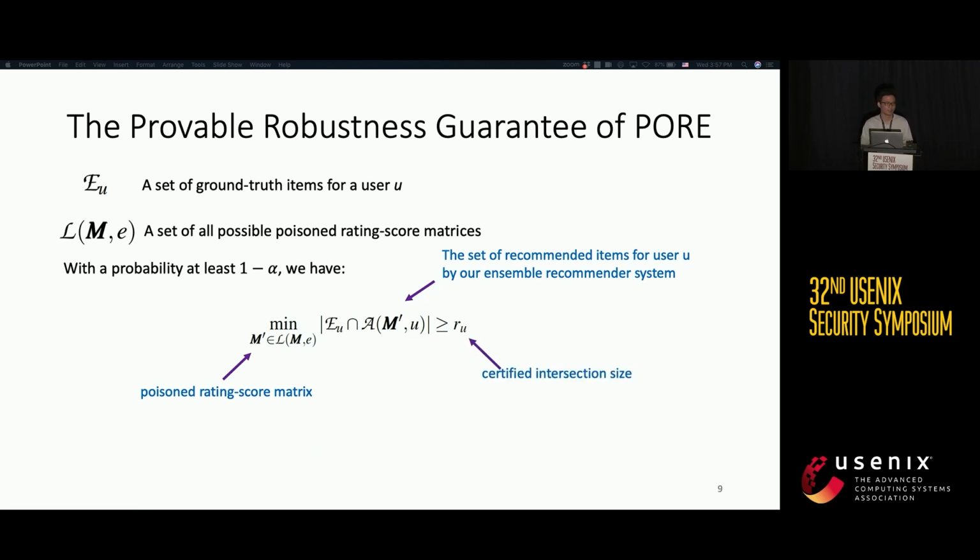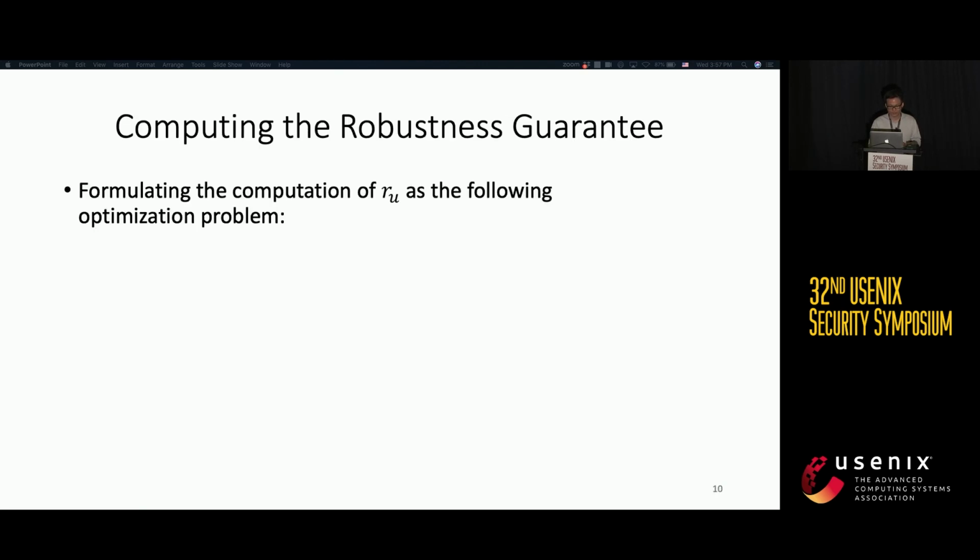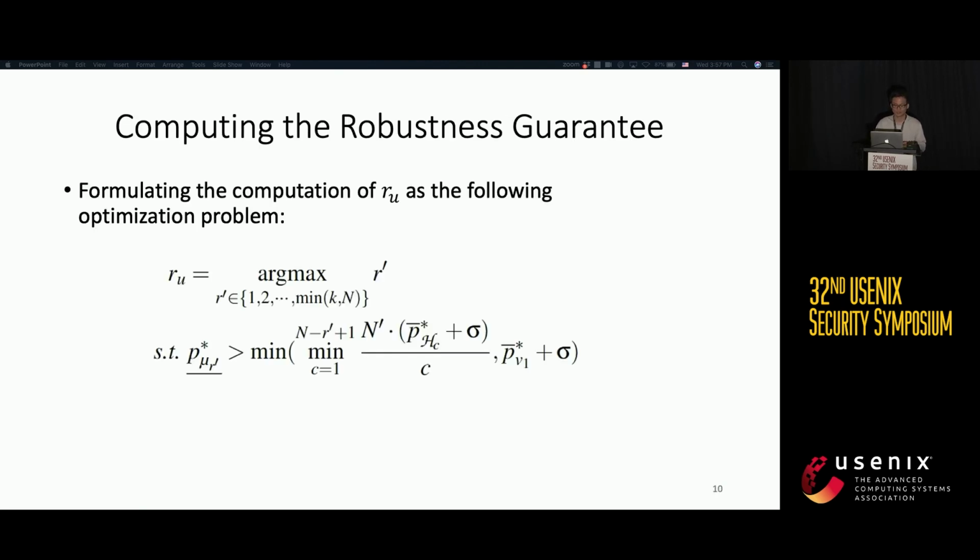So we call this R_U the certified intersection size. We formulate the computation of R_U as the following optimization problem. Due to time constraints, I omit the technical details on its derivation process. If you are interested, you could refer to our paper for the details.